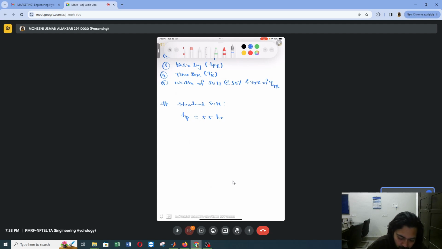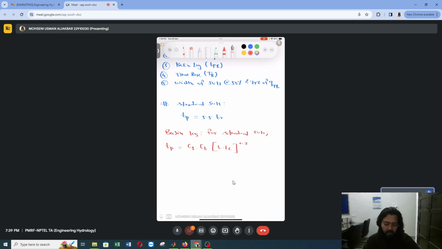Then what can we do? Using this value, we can calculate the basin lag, right? We can calculate the basin lag for the standard synthetic unit hydrograph by using the equation TP equals C1 Ct (L Lc) to the power of 0.3, right?